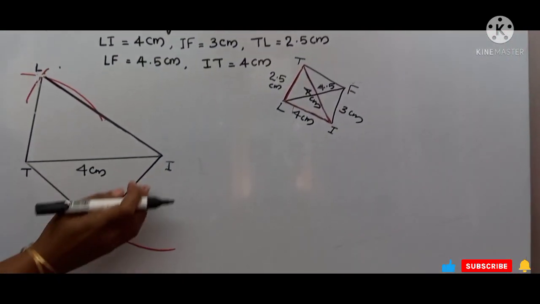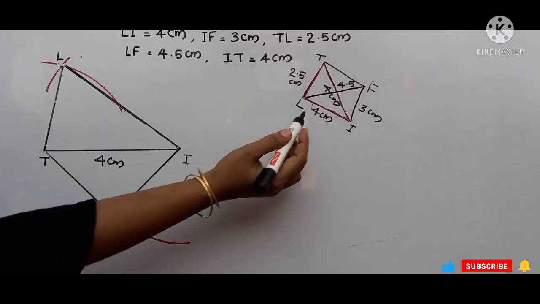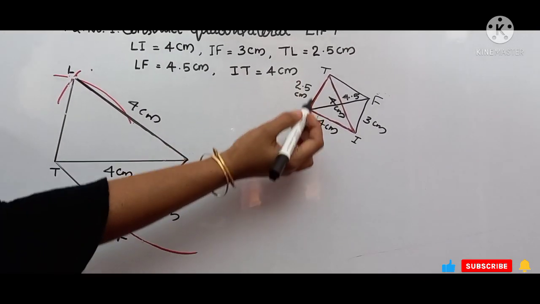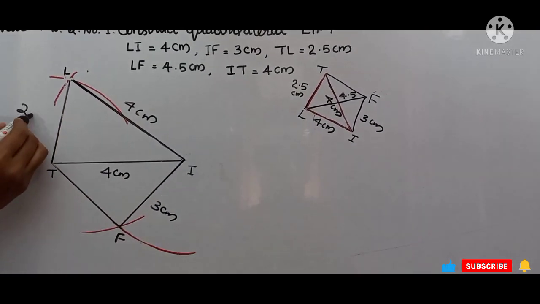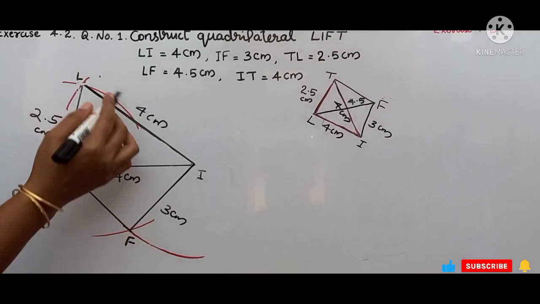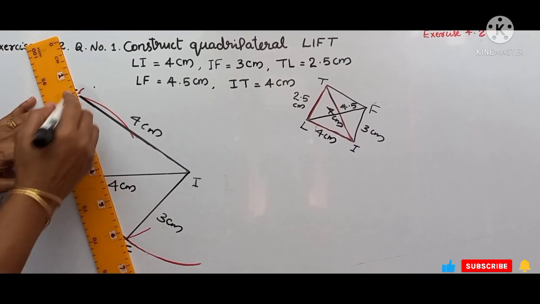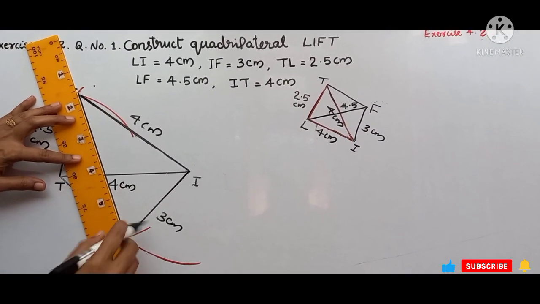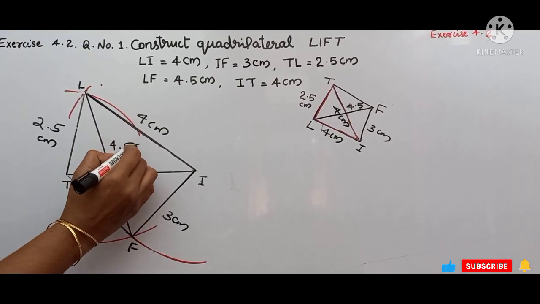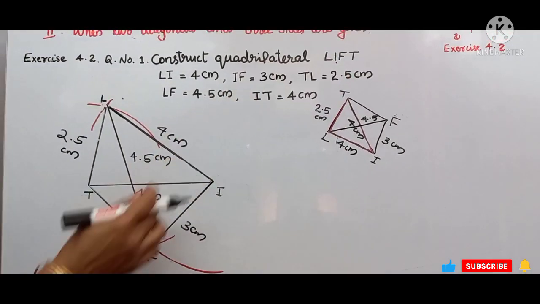IF 3 centimeter, LI 4 centimeter, TL 2.5 centimeter. Then one diagonal also we have to draw. Here two diagonals are given. That is 4.5 centimeter. Okay, now our quadrilateral LIFT is ready.